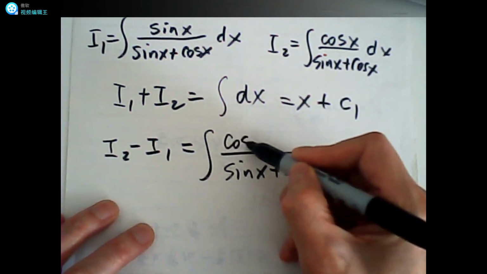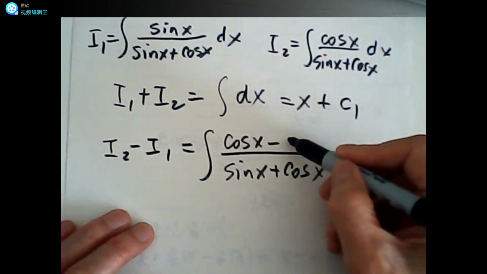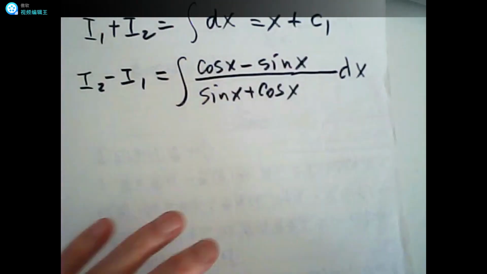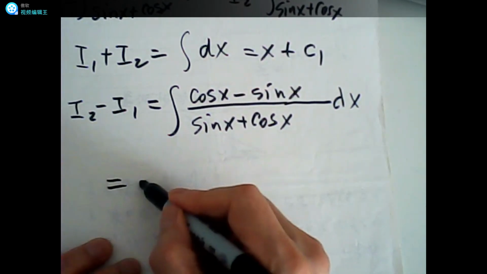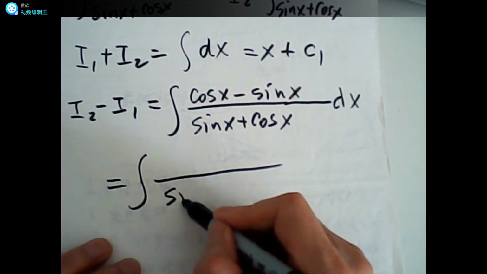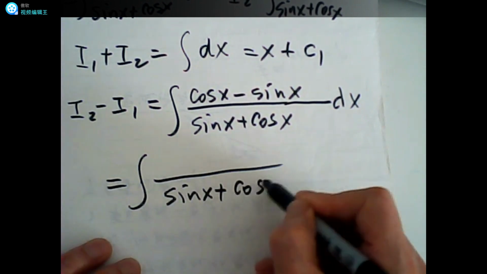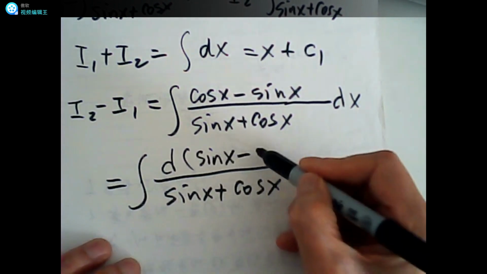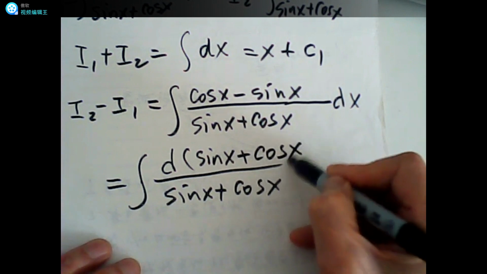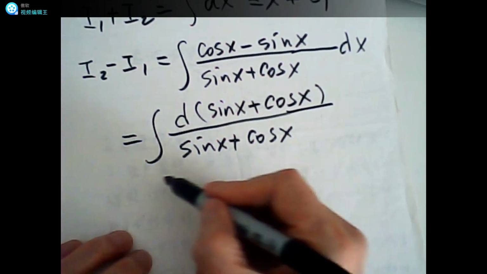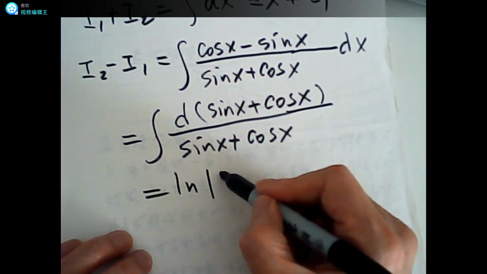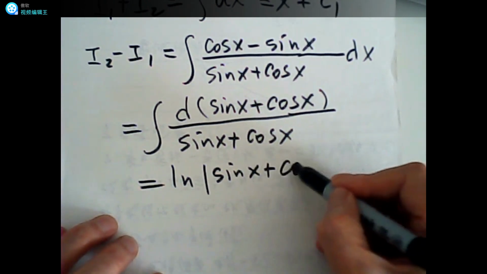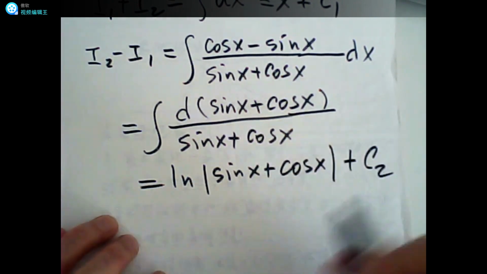This is I2, this is negative I1, dx. So this one is exactly the derivative of the denominator. This is the derivative of the denominator, sine x plus cosine x, right? So this one is equal to log sine x plus cosine x plus c2.